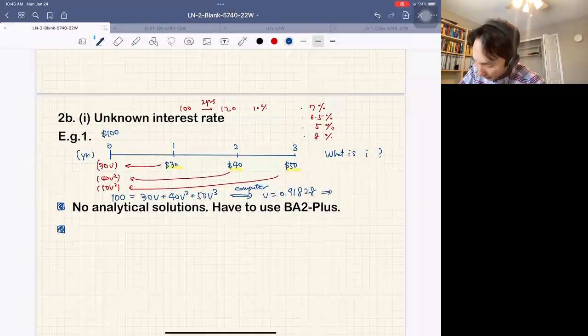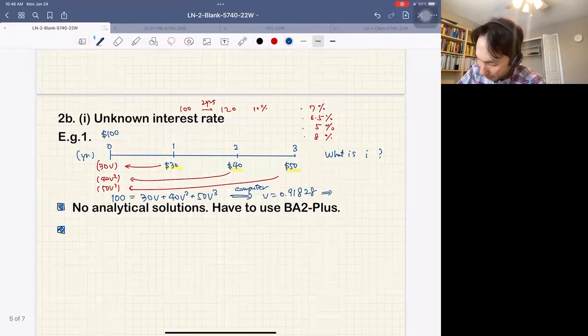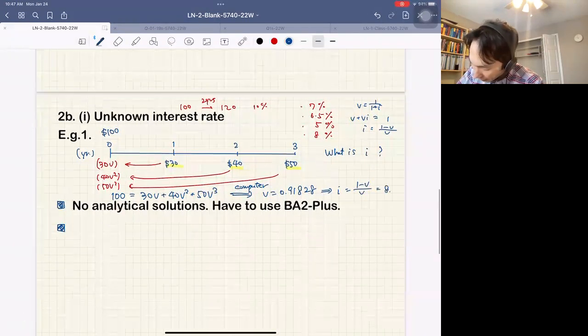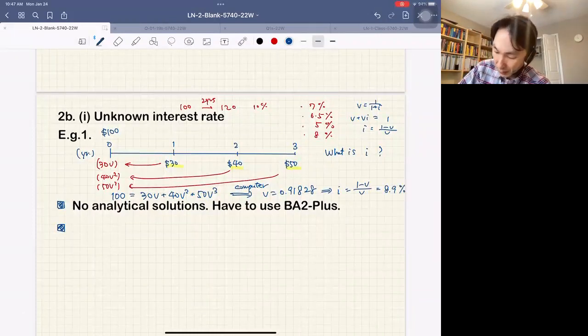So remember that V is equal to 1 over 1 plus I. So V plus VI is equal to 1. So I is equal to 1 minus V over V, and we get 8.9% approximately. So actually 10% is not really close, but still, maybe 8%.